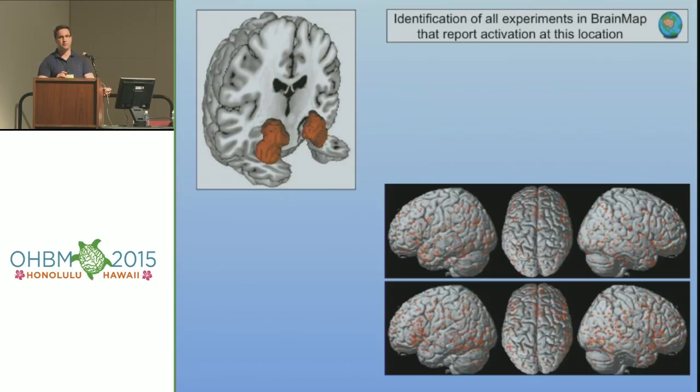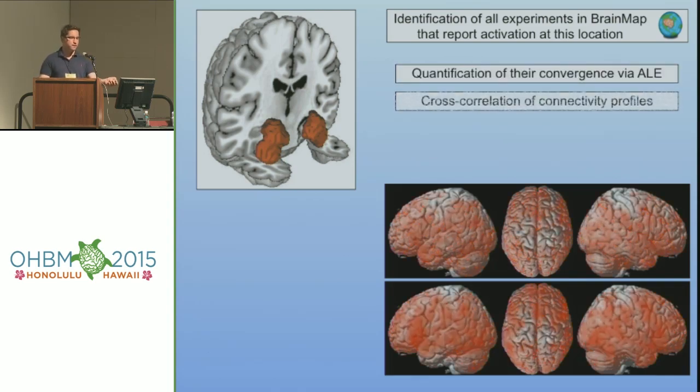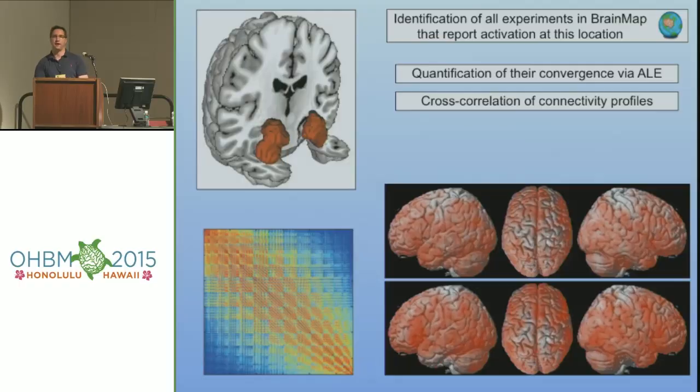So in very brief, because I don't want to steal the thunder from Danilo's talk, for each voxel in that region, you compute the whole brain coactivation profile. So for each voxel in the amygdala, we compute how likely any other voxel in the brain is coactivated with that particular amygdala voxel.